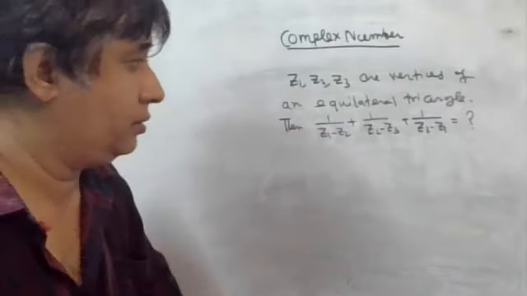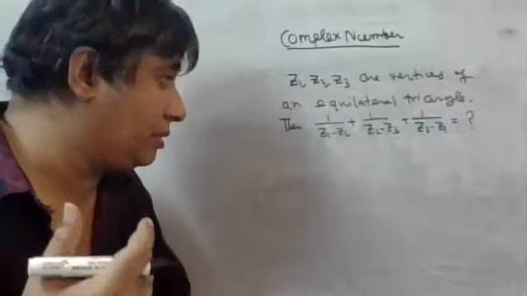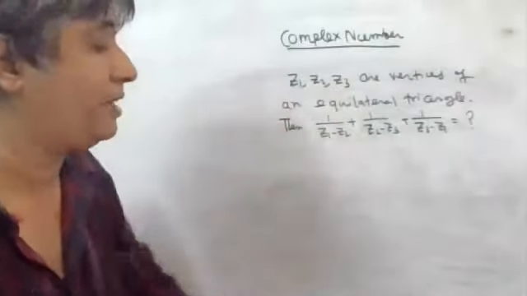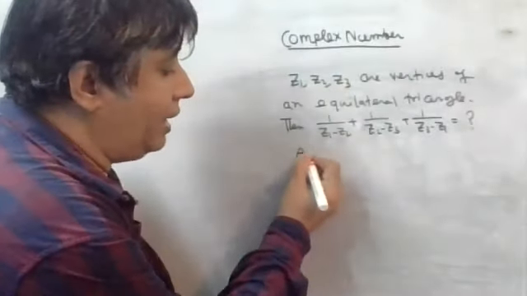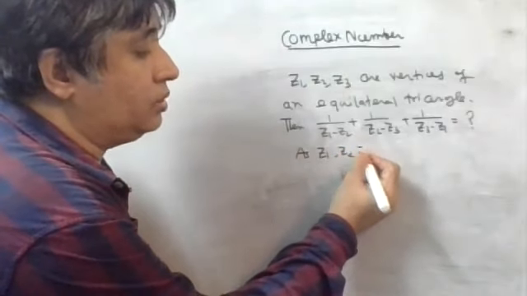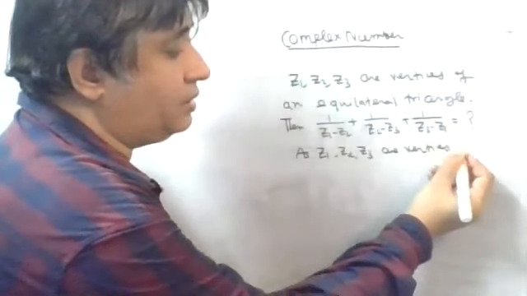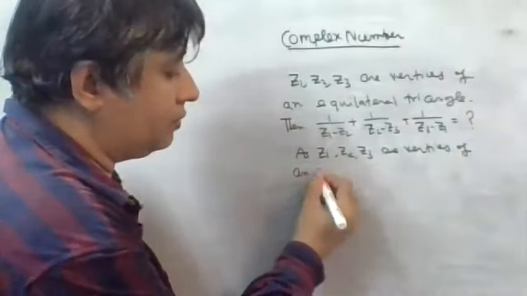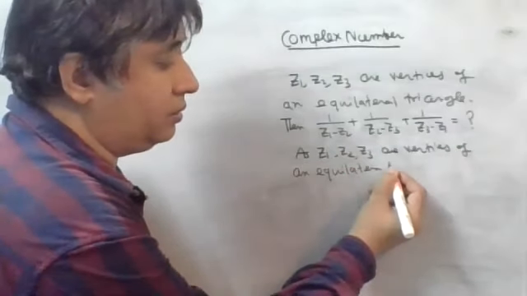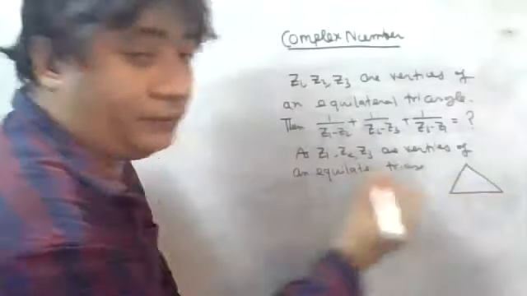See, few minutes back, we got the geometrical representation of an equilateral triangle in the complex plane. You write Z1, Z2, Z3 as vertices of an equilateral triangle. Like this, this is the equilateral triangle.